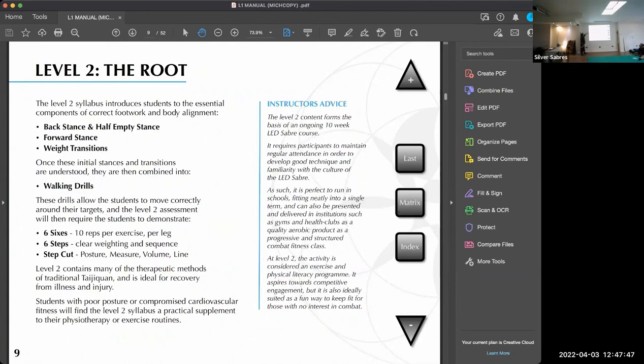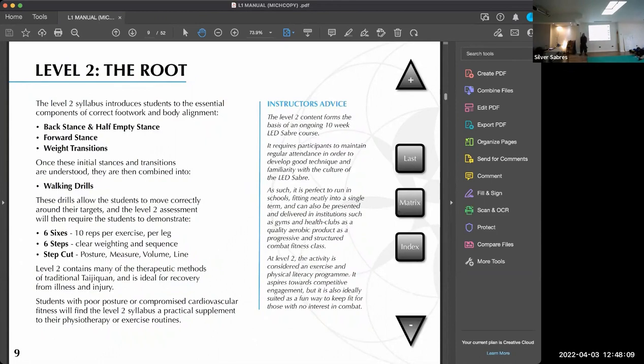Right, the drills allow students to move correctly around their targets. And the level 2 assessment will then require the students to demonstrate 6 sixes, 10 reps per exercise per leg. For the purposes of the assessment, you will need to do all of the exercises entirely on one leg.